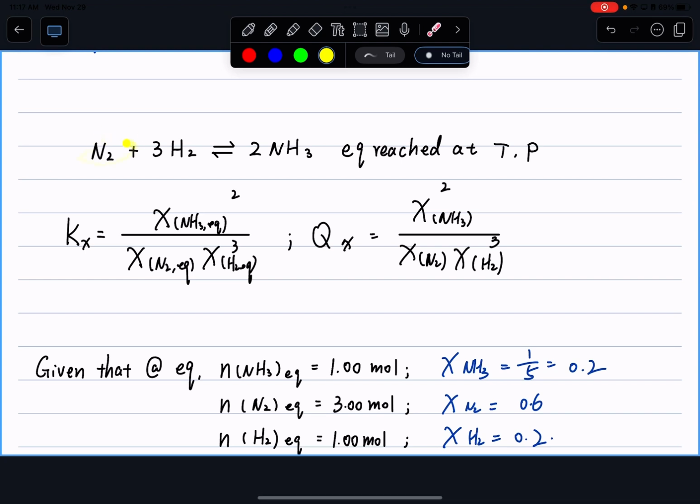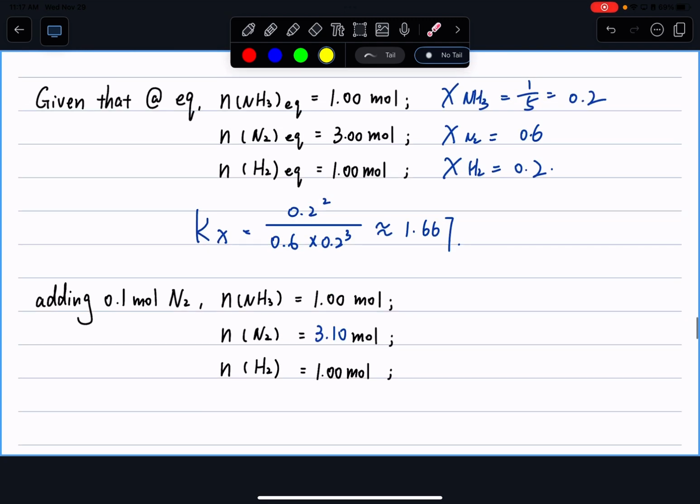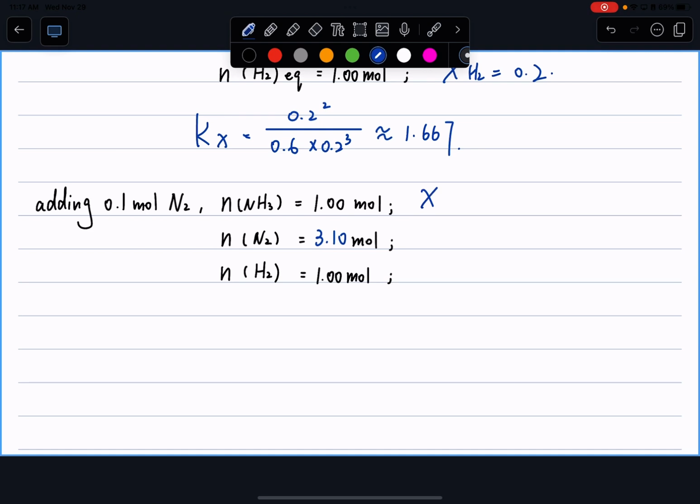So adding 0.1 more of N2, we're adding the reactant, so we're expecting to push the reaction in the forward direction. You can calculate your mole fractions: chi NH3 equals 1 over 5.1, that's 0.196. And chi N2, that's 3.1 over 5.1, equals 0.608.